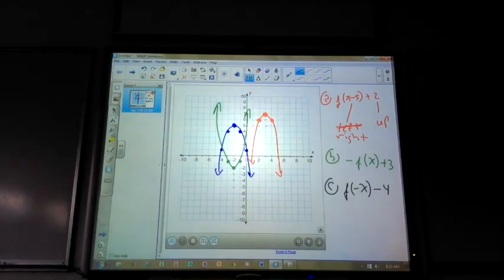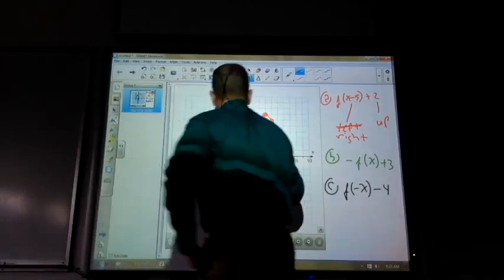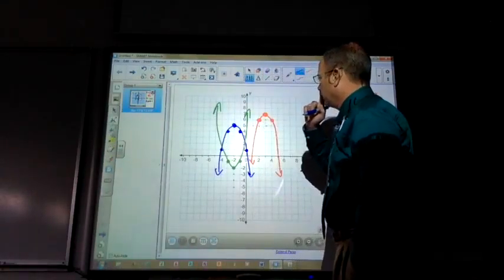It changes all the y values? Wait, it changes all the x values? I thought it changed all the x values. Yeah, we're plugging in negative x, changing all the x values. And then we're moving it down 4. So this (-2, 5) is going to change to what?